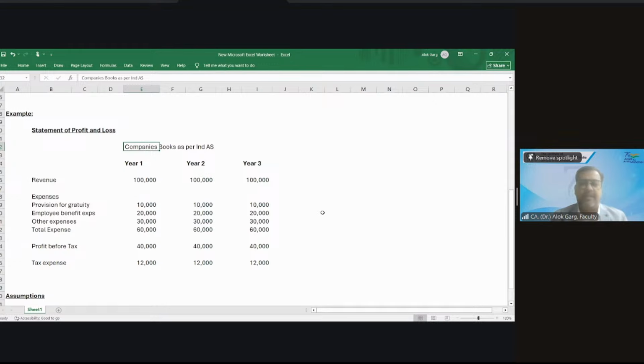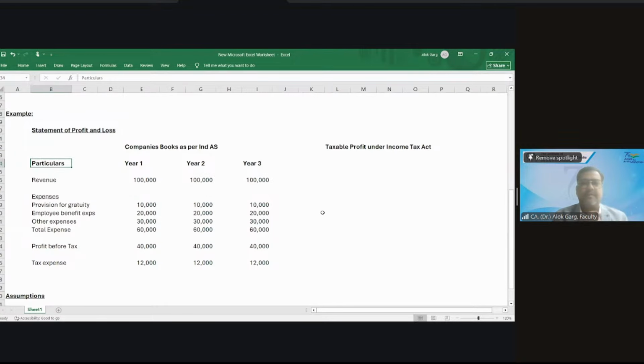But are you paying your tax as per company's books or as per Income Tax Act? As per Income Tax Act, sir. So let me prepare my P&L as per Income Tax Act, right? Taxable profit under Income Tax Act. You guys need to teach me Income Tax Act. I don't know Income Tax Act.